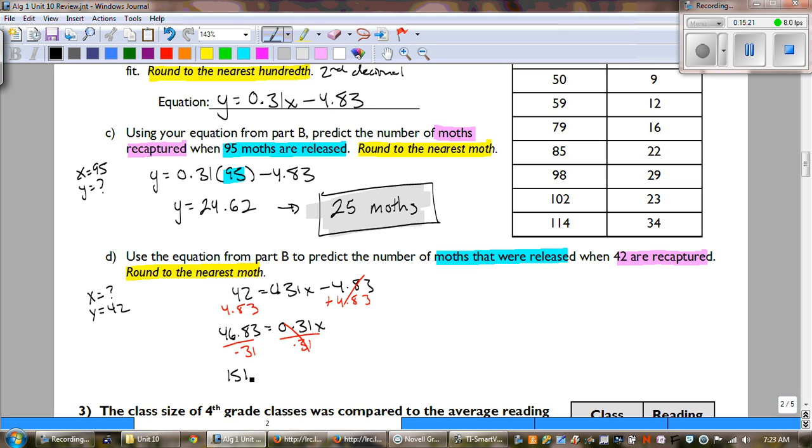Did you get 151.06? Yeah. So how would we round that? Well, it's only 0.06, so I can go to 151, right? Remember, anytime we're talking about living creatures, we're going to round that up. So it's going to be 152 moths.